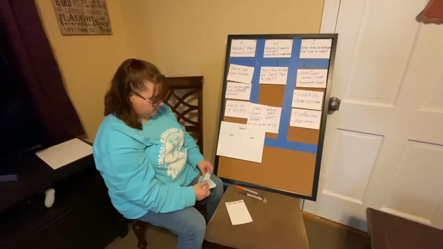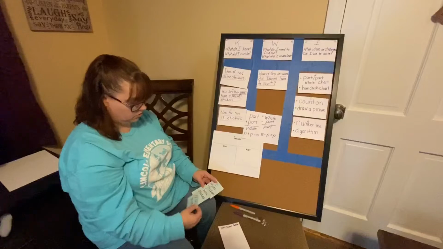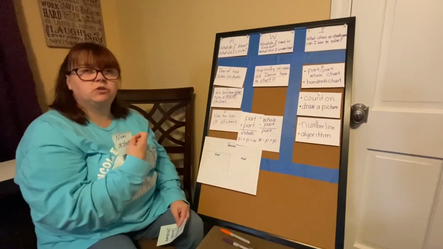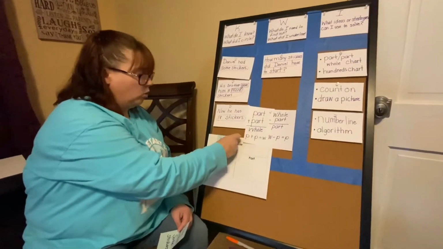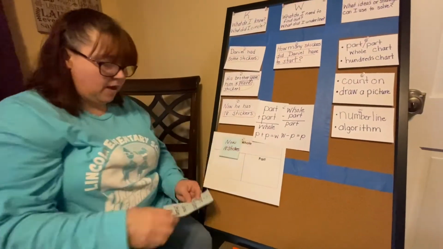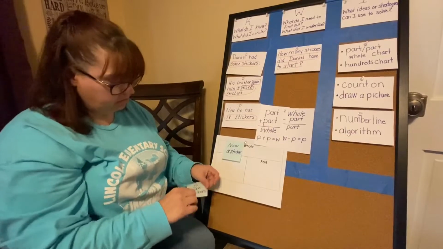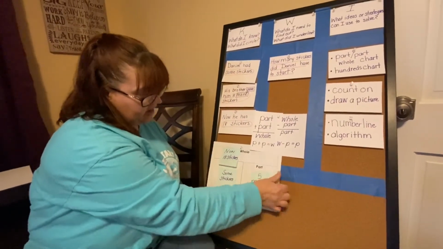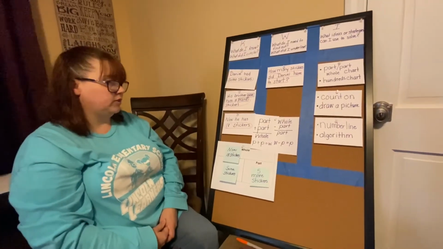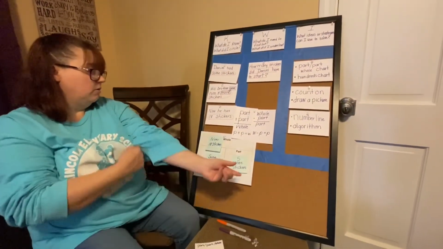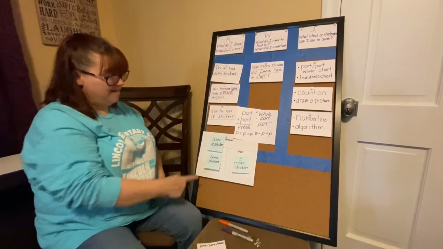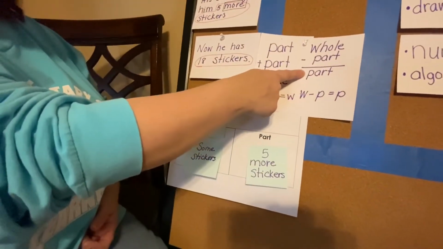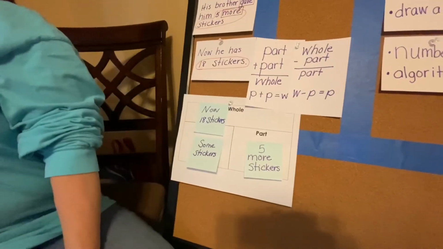And now he has 18 stickers. So 18 stickers is what he ends with. So that's going to be my whole. So that means that some stickers that I started with and the 5 more stickers that I got are my 2 parts. So now that I see what I have, I know that because I have a whole and a part, I need to subtract.